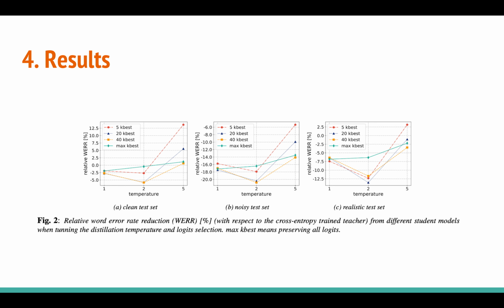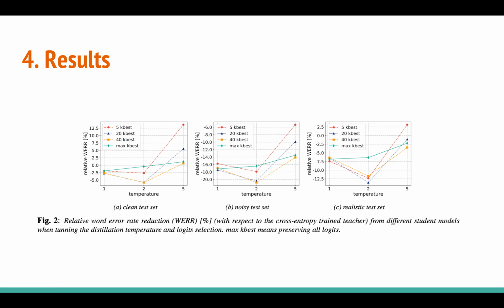As you can see, for capital K equal to 40, the 40 Logit selection technique, temperature 2 is very good, and for 20 also temperature 2 is very good. And if you increase the temperature to 5, all the models become bad.